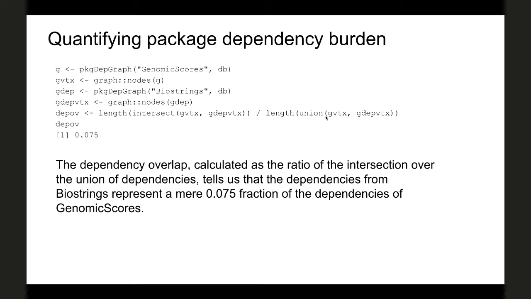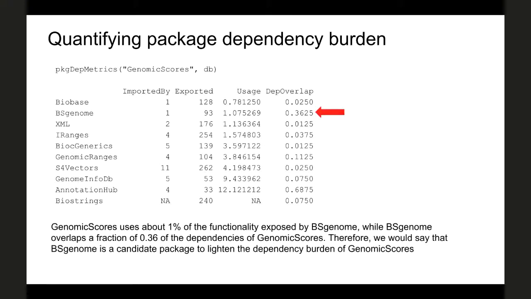So then in the summary table on the next slide, doesn't that mean that although you're only using a small amount of BS Genome, you're actually not spending too much for it? Or most of the dependencies, maybe that's too strong a word, are already present from elsewhere?